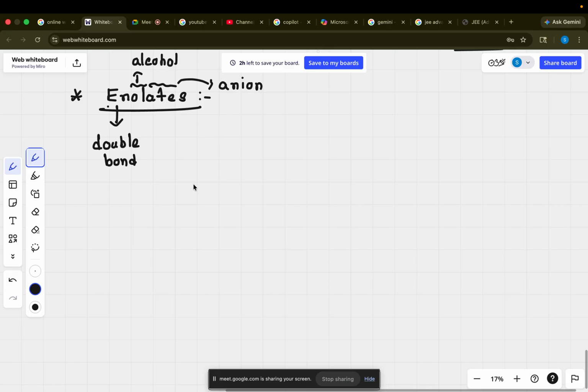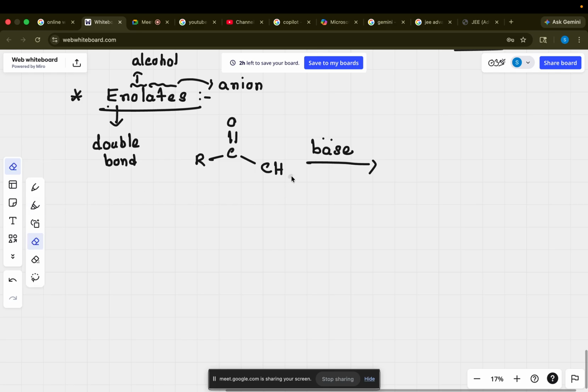So how can you produce the enolate? Suppose I have this ketone compound R-C double bond O-CH3, right? If I use some base here, what will happen? The base will abstract the proton from here.